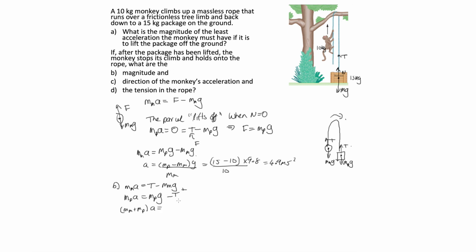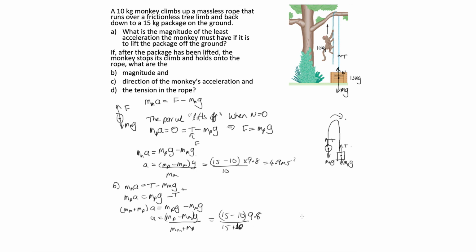When we sum these together, the tensions cancel out, and we have the mass of the package times g minus the mass of the monkey times g, and so the acceleration is equal to mp minus mm times g over mm plus mp, and so this is equal to 15 minus 10 times 9.8 over 15 plus 10.